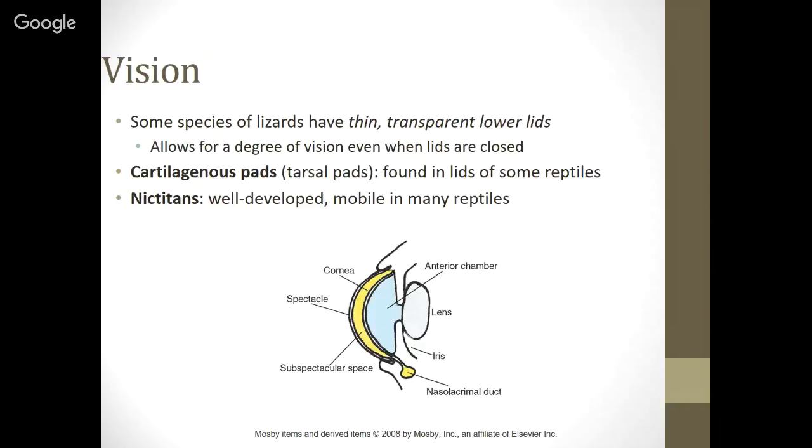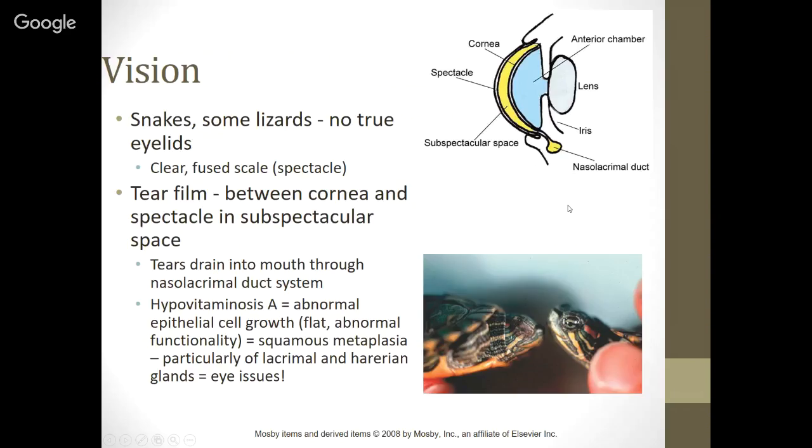When we see tarsal, we often think of the back foot, but in this case, these are pads found in the lids of some reptiles, and they produce a certain type of tear, a mucousy type of tear. The nictitans, or third eyelid, is well developed and mobile in many of these reptiles.